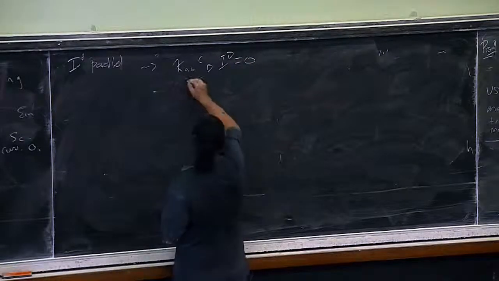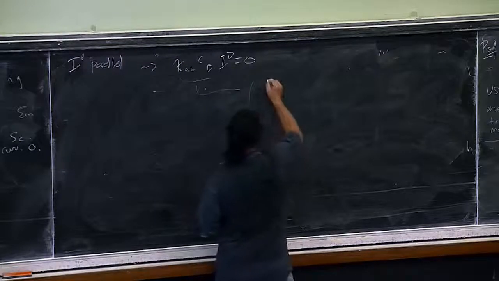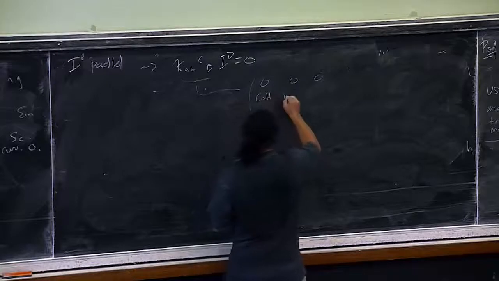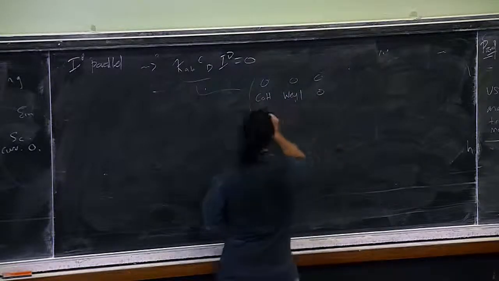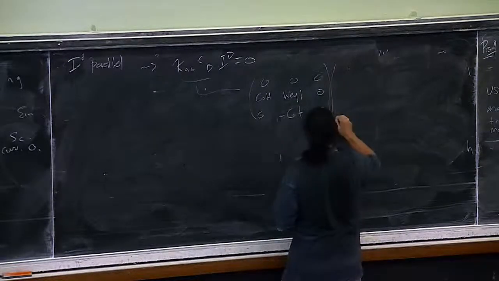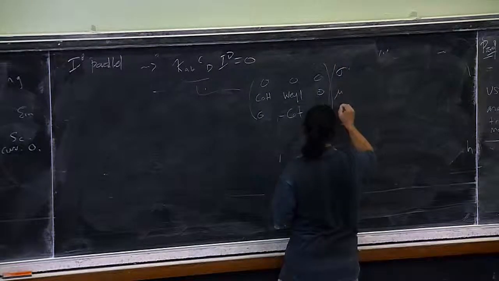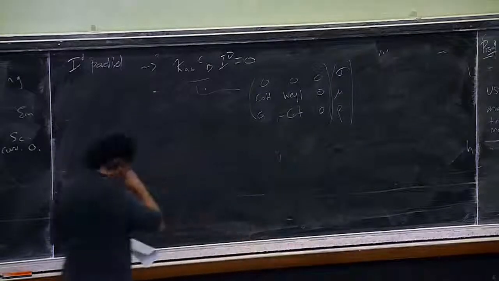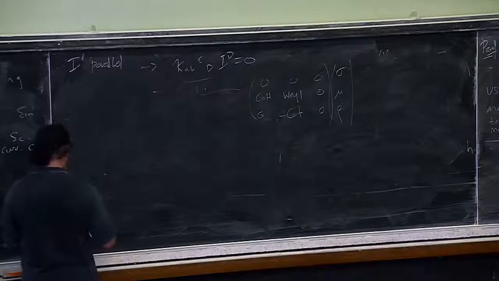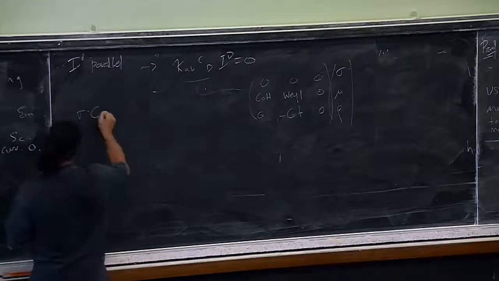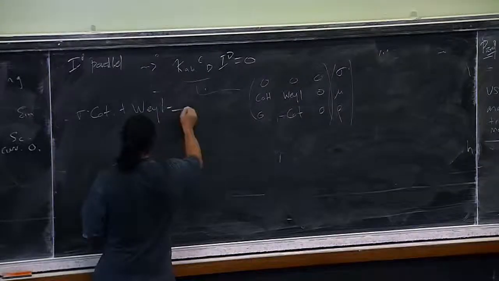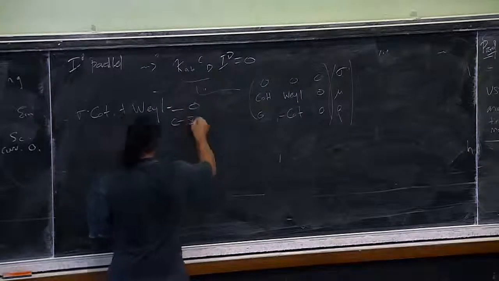So remember how this thing looks: you have Cotton here, Weyl here, 0 minus Cotton, 0, and then we're going into this sigma, mu, rho. And so what you get out of this is the C-space equation, which should be sigma times Cotton plus Weyl hooked into mu equals 0. This is sometimes called the C-space equation.